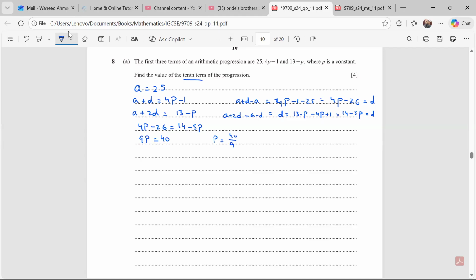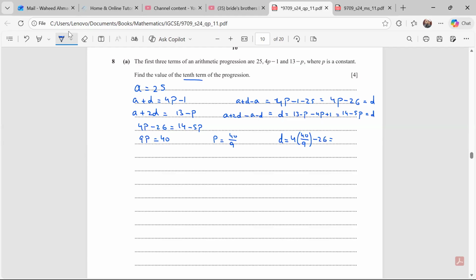Okay, now using this p, I can find the value of d. I can use any expression, so let's use the first one. So d is equal to 4 times p, which is 40 over 9, minus 26.